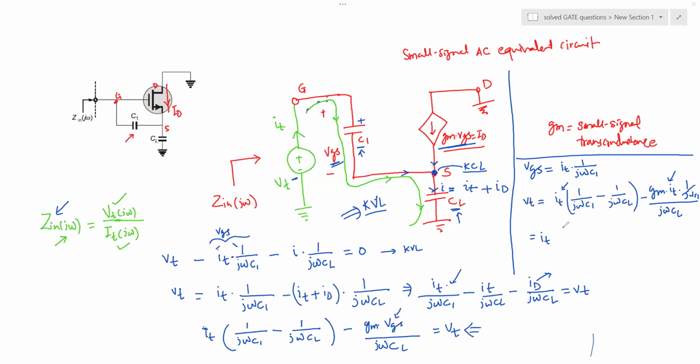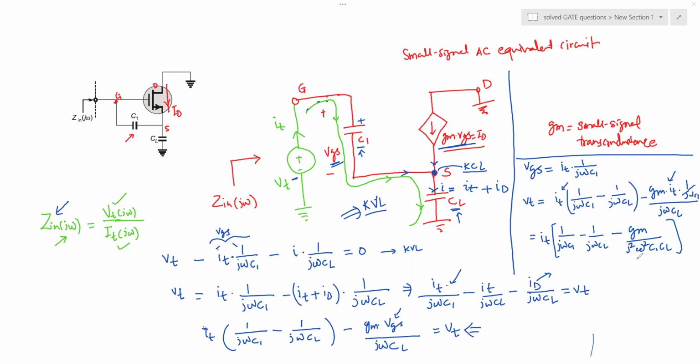So I of t times 1 over j omega C1 minus 1 over j omega CL minus GM over j square divided by omega square C1 into CL. That is the case.